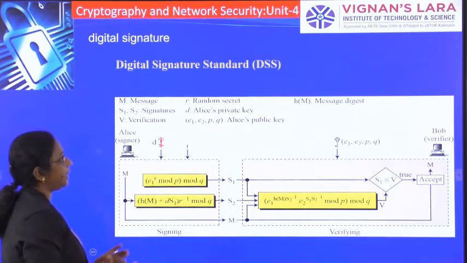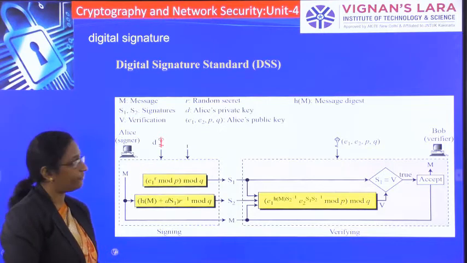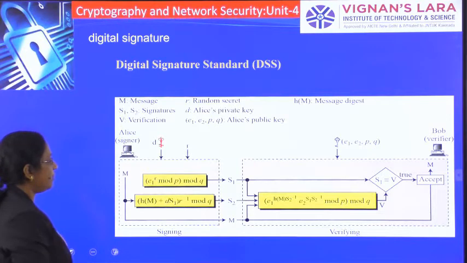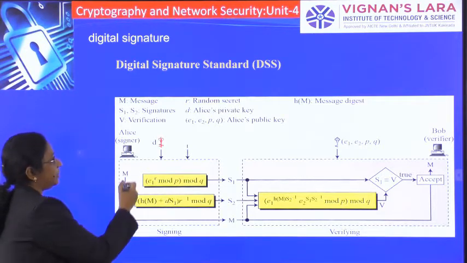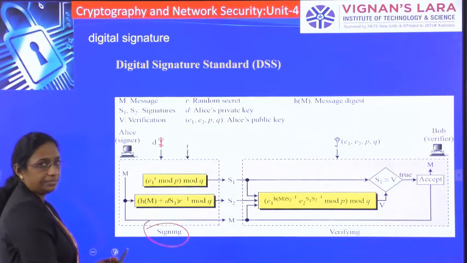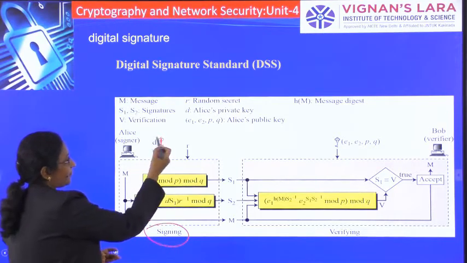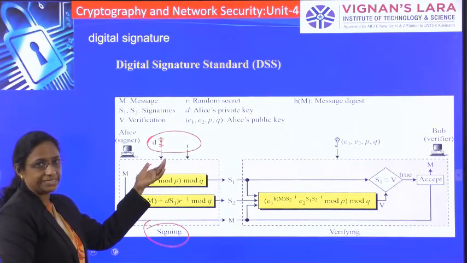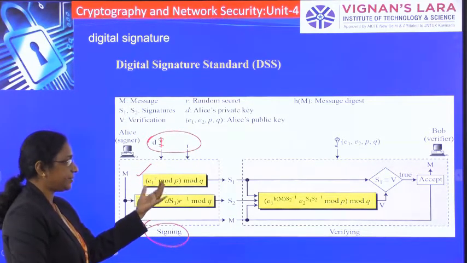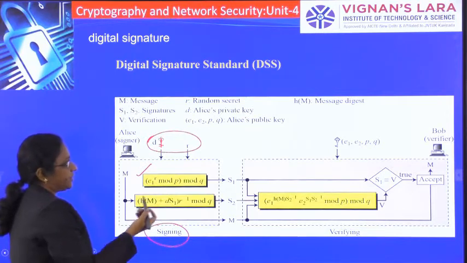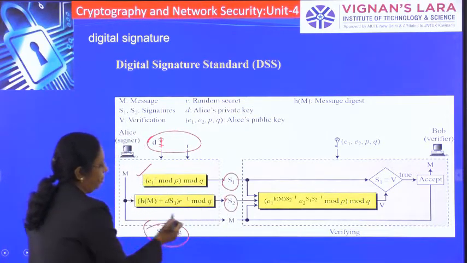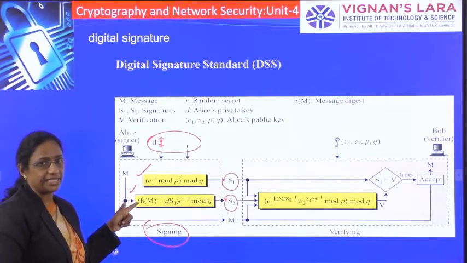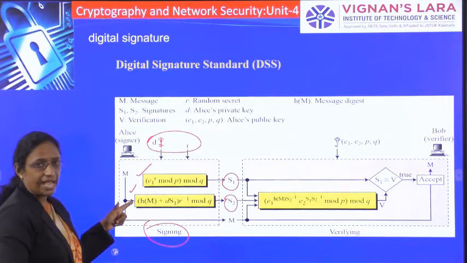Here also it takes the private key and public key of Alice. We have a signing algorithm, where the algorithm takes the private keys, and these private keys are used to generate the signatures S1 and S2 by using these two functions. Here H is nothing but the hash function.